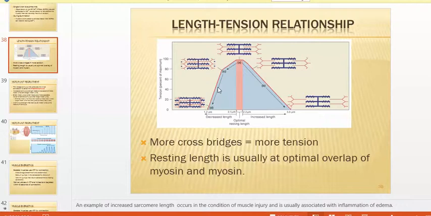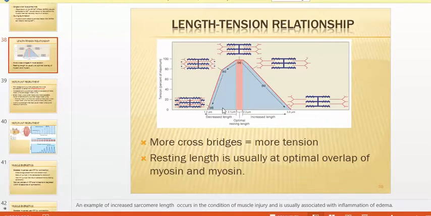So just looking at this, this is the tension for set maxing. This is the amount of force we're generating, right? The amount of force we're generating is going to be proportional to the amount of cross bridging, so the amount of myosin heads that can actually bind to actin.